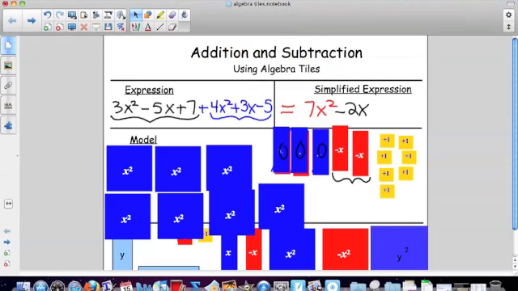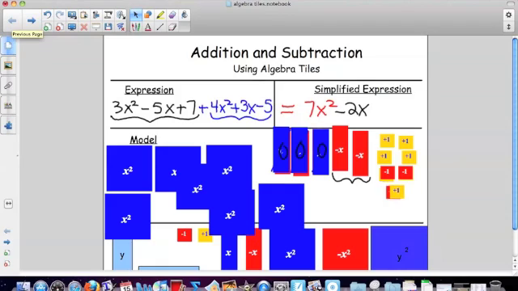Finally, I have to add negative 5 units to my unit tiles. So this is going to cancel out 1, 2, 3. Why didn't that cancel out? That doesn't want to cancel out. Okay. 1, 2, 3, 4, 5.